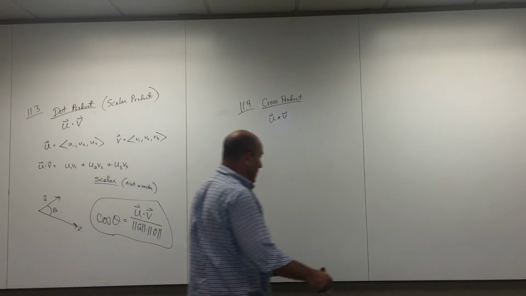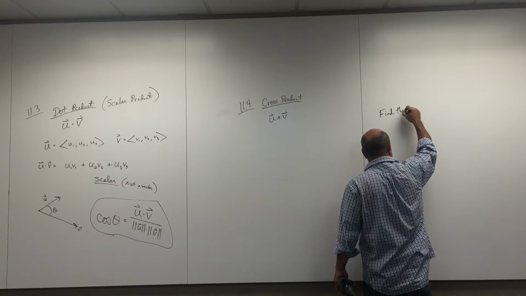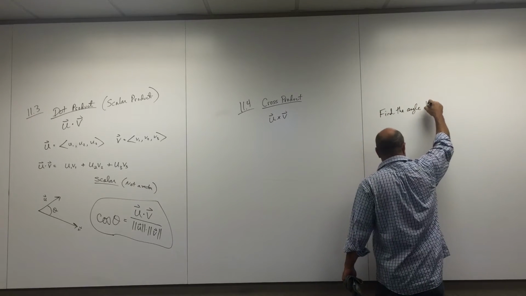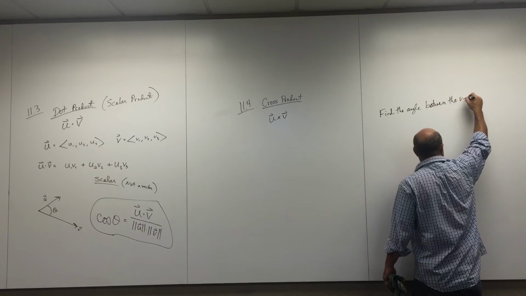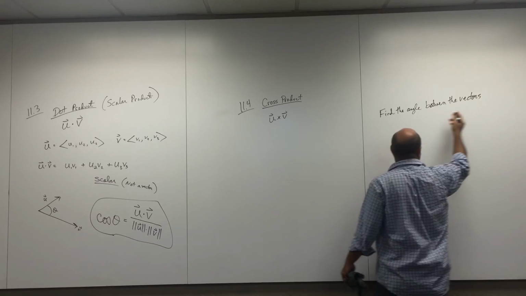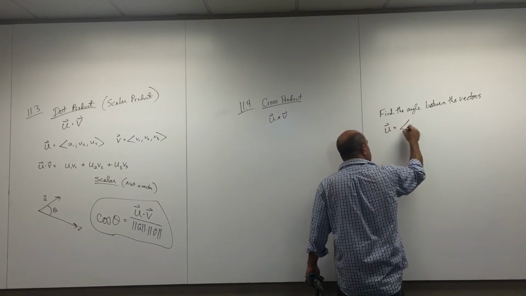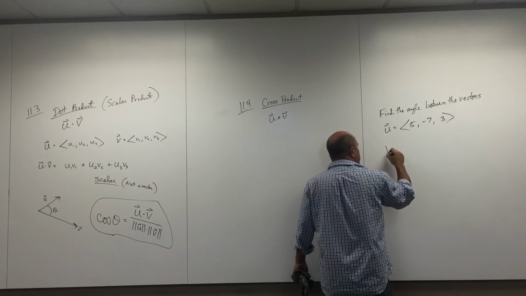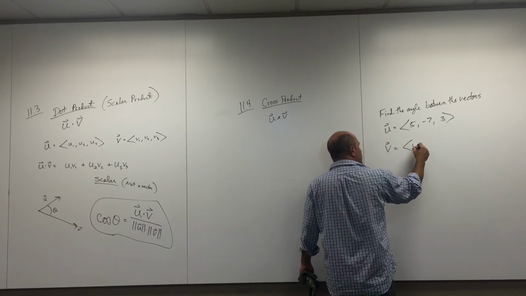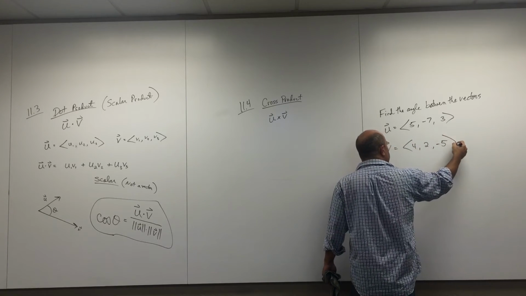Let's just try one. Find the angle between the vectors. U is 5, -7, 3, and V is 4, 2, -5.